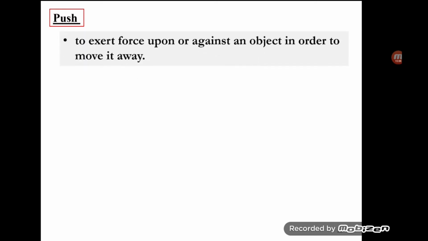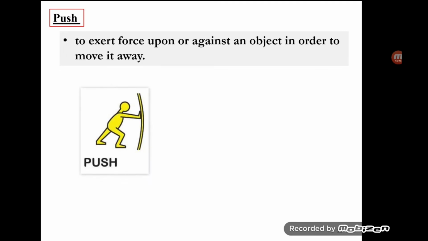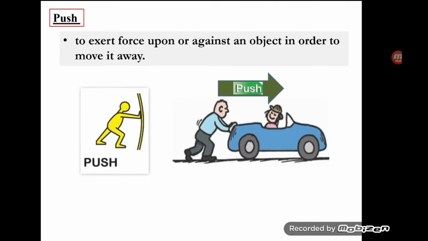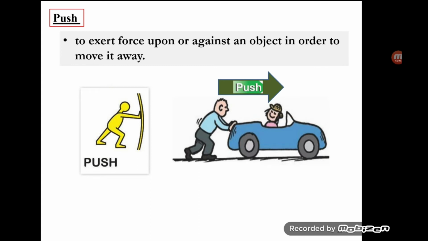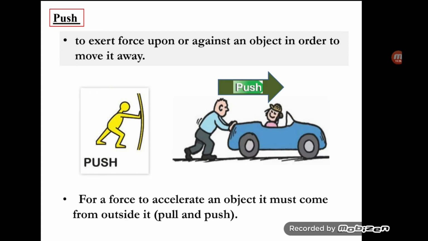Push: to exert force upon or against an object in order to move it away. Push the door. Push the car. For a force to accelerate an object, it must come from outside it, either pull or push.